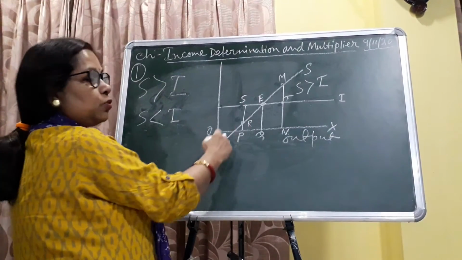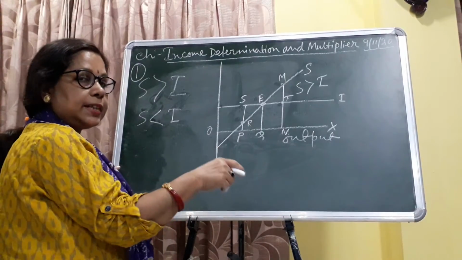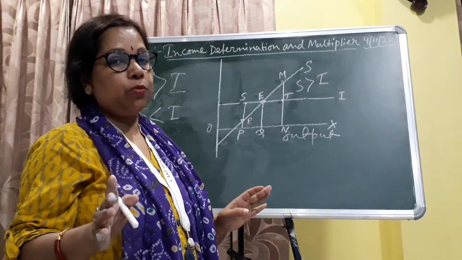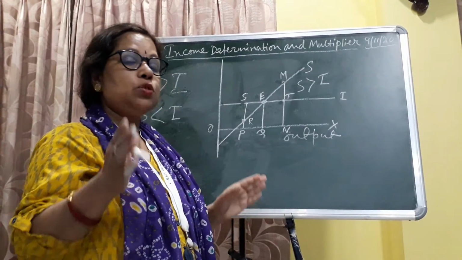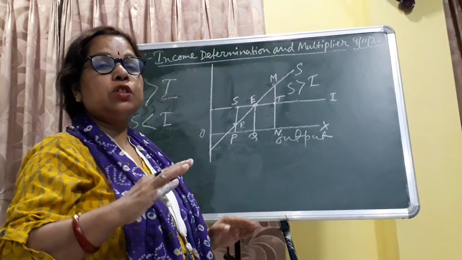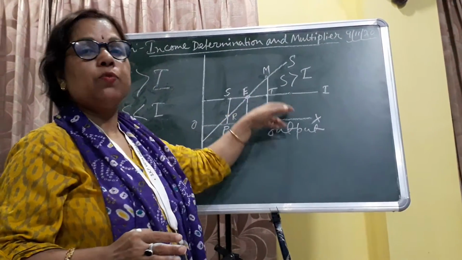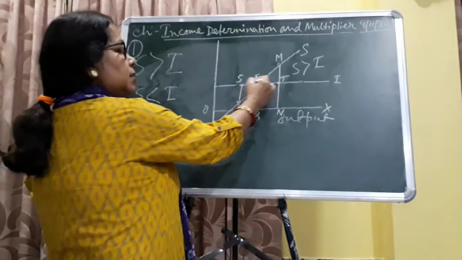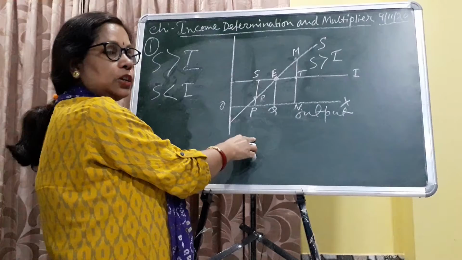This means that households consume a larger amount of commodities, so the inventory is smaller than the desired level. In such a situation the producer will increase production until saving equals investment, and it will restore the previous equilibrium point E, where saving equals investment.